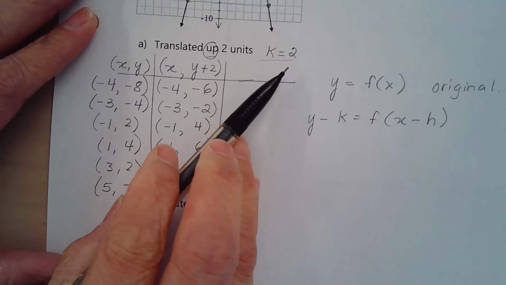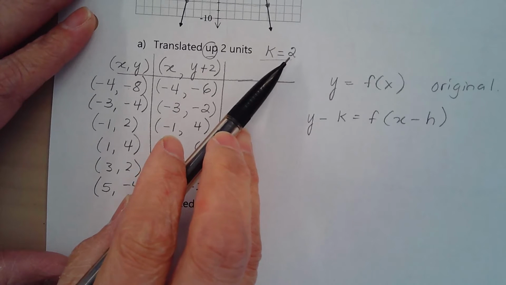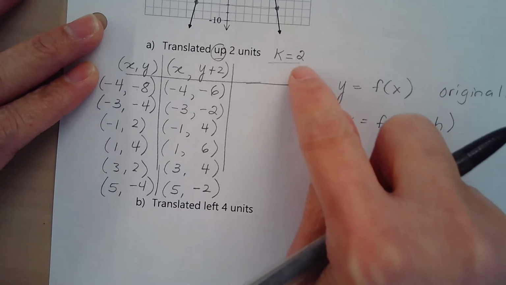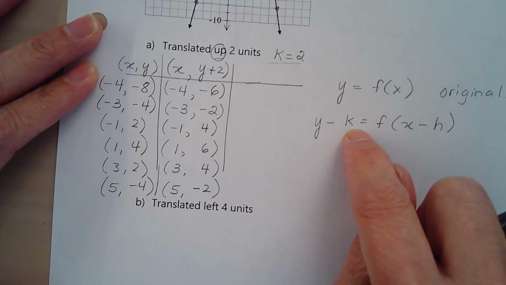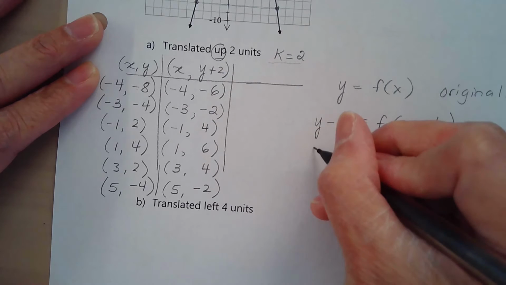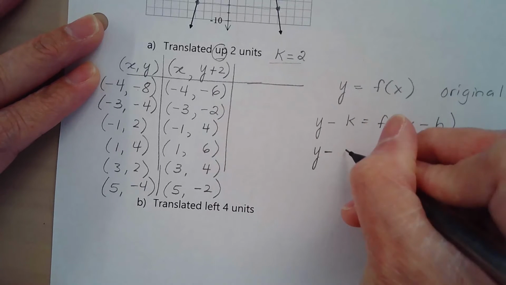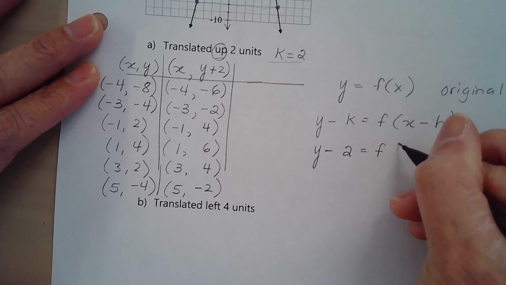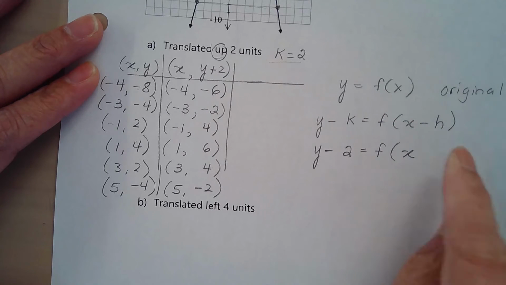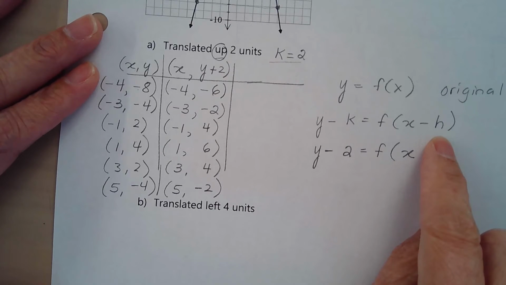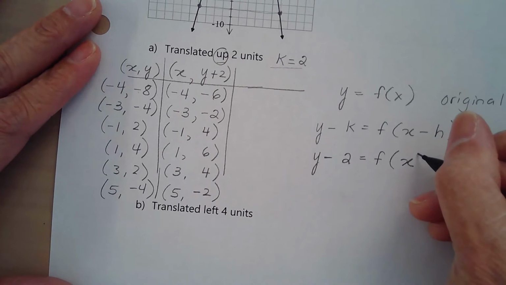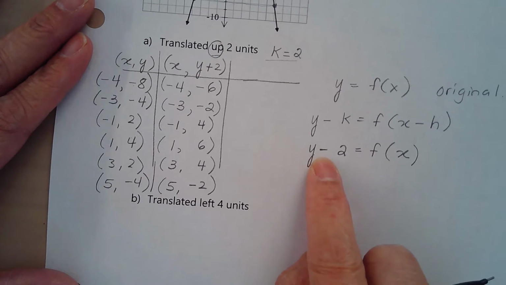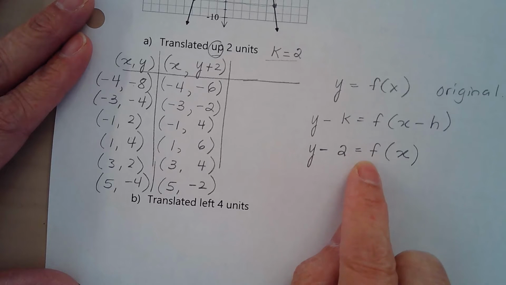What did we say k is? K is 2. So we're going to put k equals 2 right there. So it becomes y minus positive 2 equals f of x. Is there any horizontal h? Nothing, so it's 0. So you can write it as y minus 2 equals f of x.